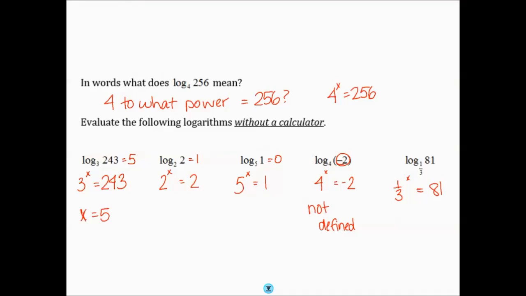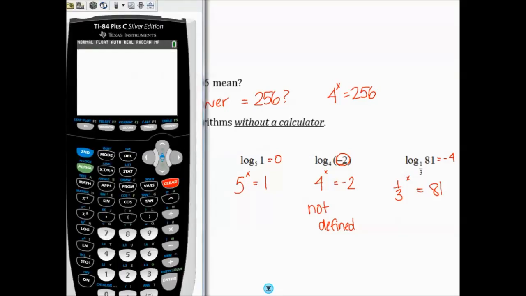So this would actually be 1/3 to the negative 4th power would give us 81. So this would equal negative 4. Now, you can evaluate these in the calculator. We talked about this earlier in the year. If you go to Math, Log Base, you can type these problems in.